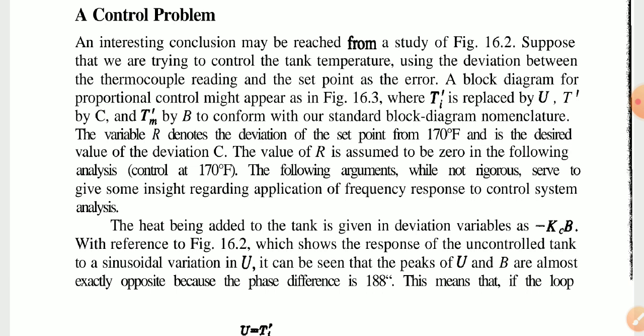Now, in this control system, the heat being added to the tank is given in deviation variable as Kc multiplied by B, with reference to figure 16.2.